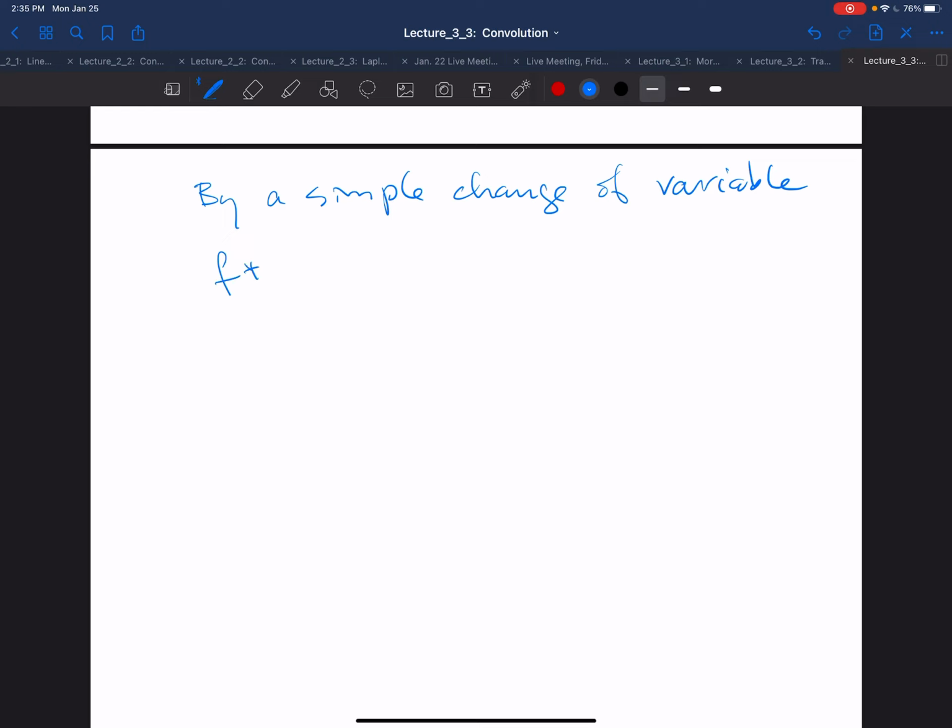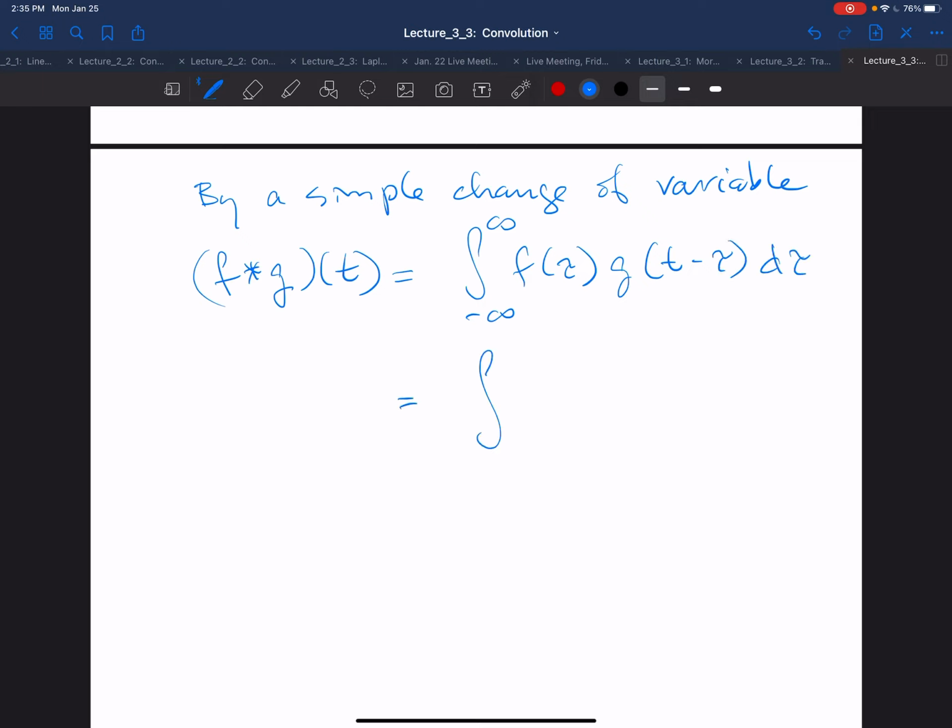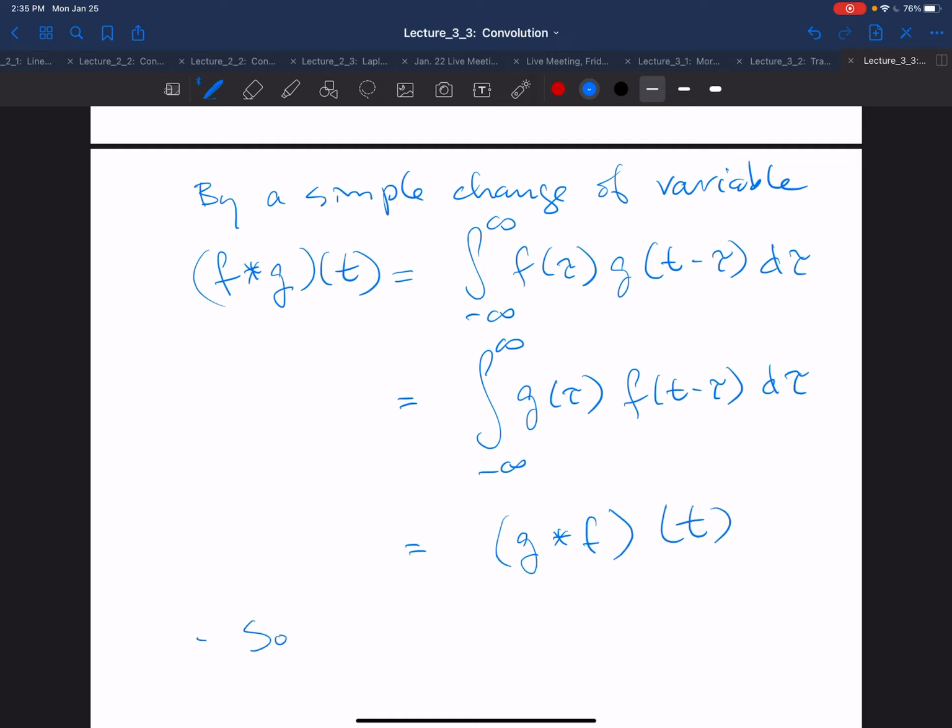So the convolution of f and g, which is this integral of f of tau times g of t minus tau d tau, is the same thing as the integral of g of tau f of t minus tau d tau, integrated from minus infinity to infinity, which we would write as g star f.